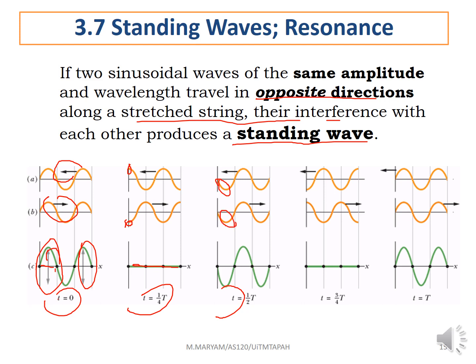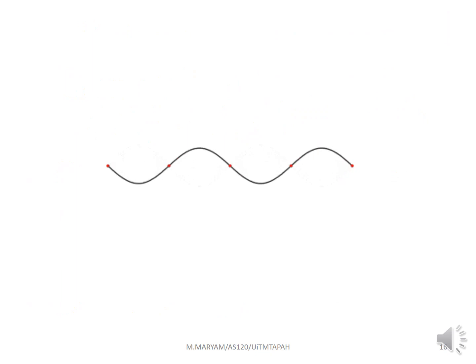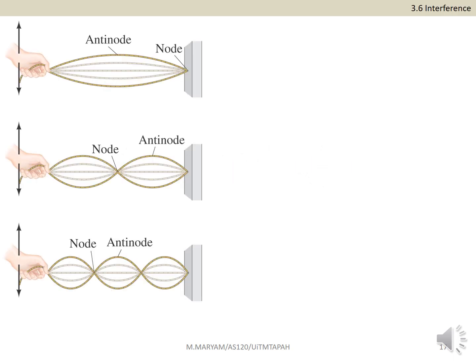The third one, when a crest meets a crest and a trough meets a trough, it will produce, as you can see in the figure here, the result of two waves traveling with the same amplitude but in opposite directions.